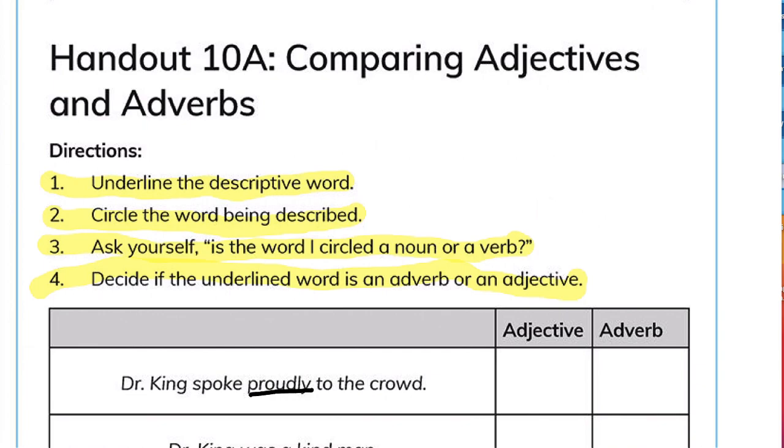We're describing how Dr. King spoke. So we're going to circle that. Is the word I circled a noun, a person, place, or thing, or is it a verb, an action word? Spoke. That is an action word, so it's a verb. That means proudly is an adverb.